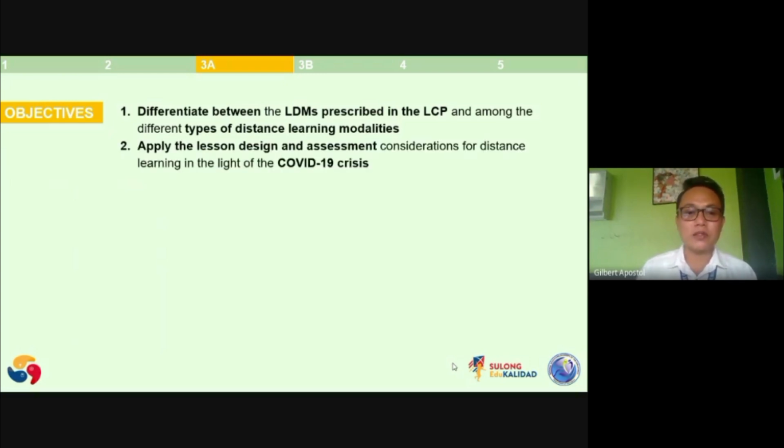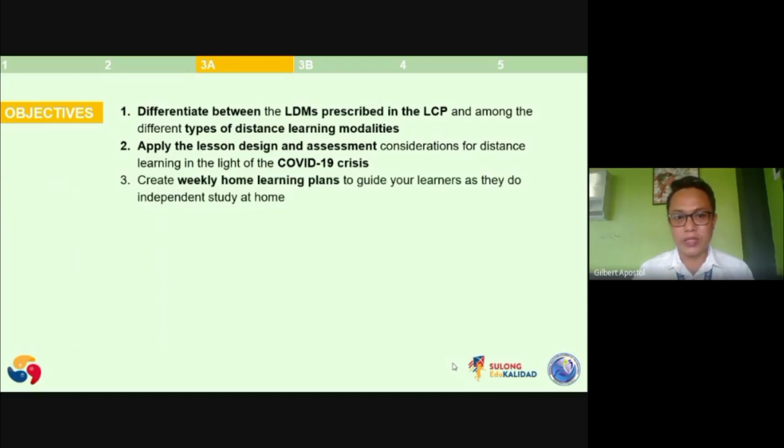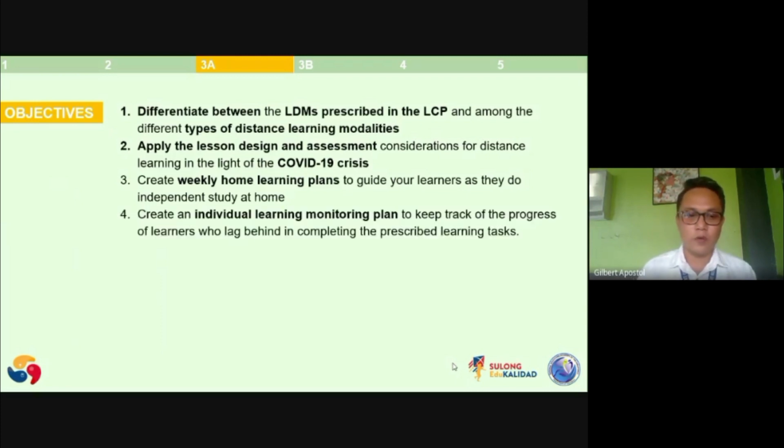Second is to apply the lesson design and assessment considerations for distance learning in the light of the COVID-19 crisis. Create weekly home learning plans to guide your learners as they do independent study at home. And fourth is to create an individual learning monitoring plan to keep track of the progress of learners who lag behind in completing the prescribed learning task.